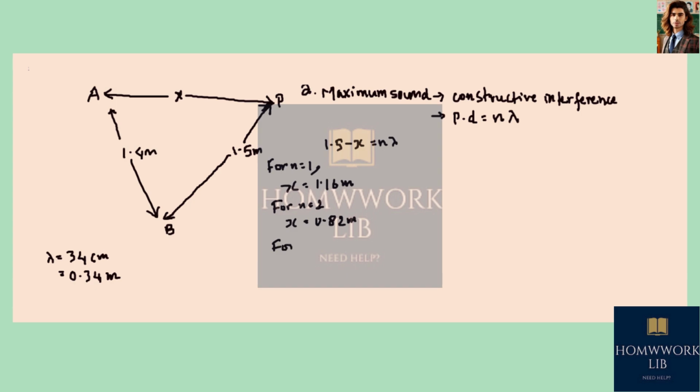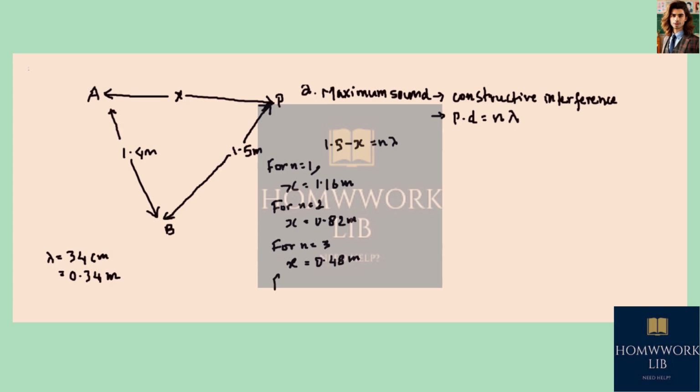Similarly, for n equal to 3, the question says that we have to stay less than 1.5, right? And we cannot go below 0, and we cannot go more than 1.5. All right. So for n equal to 3, x equals 0.48 meters.